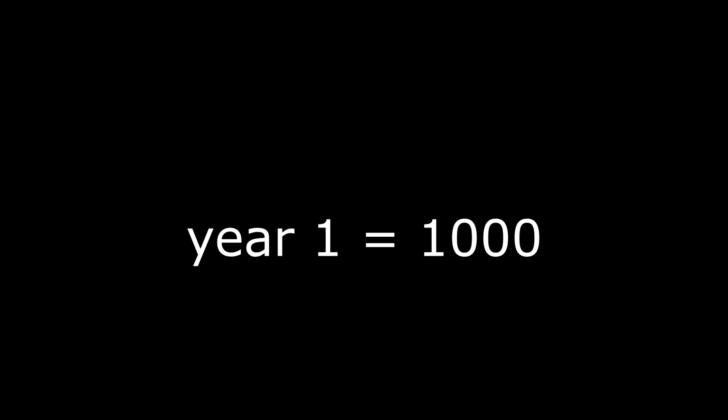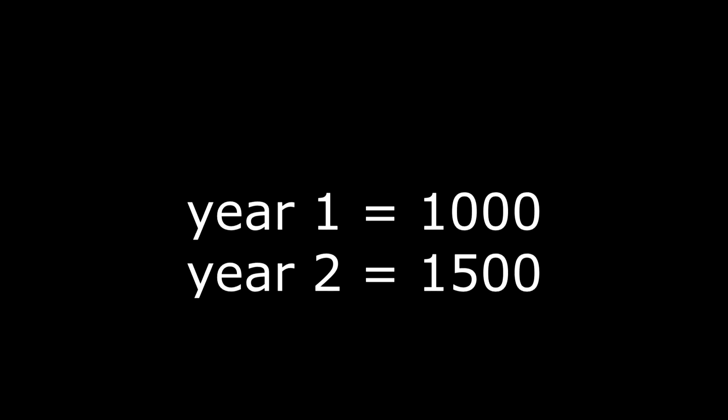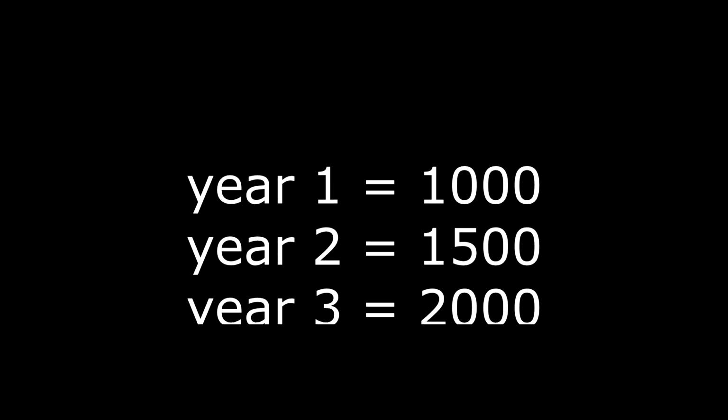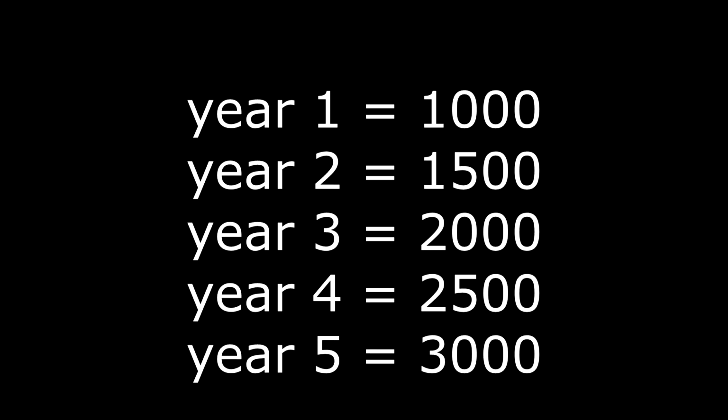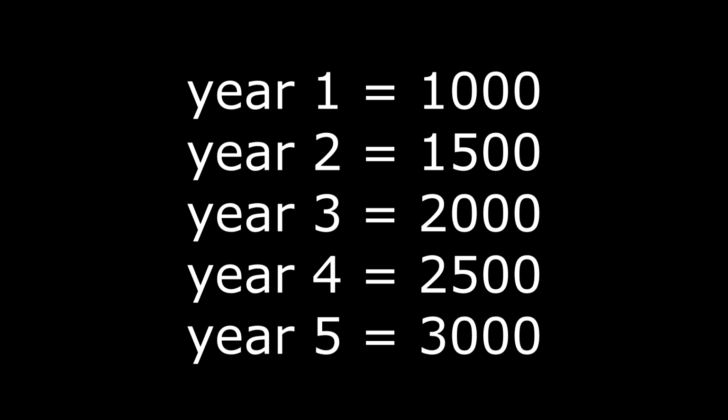Well, we can figure it out by doing it manually. 1,000 in the first year, 1,500 in the second, 2,000 in the third, 2,500 in the fourth, and 3,000 in the fifth. And well, out of personal interest, I decided to do the math, and that would be a total of 120,000 French Filipino Zimbabwe dollar that she earns in the span of those 5 years.